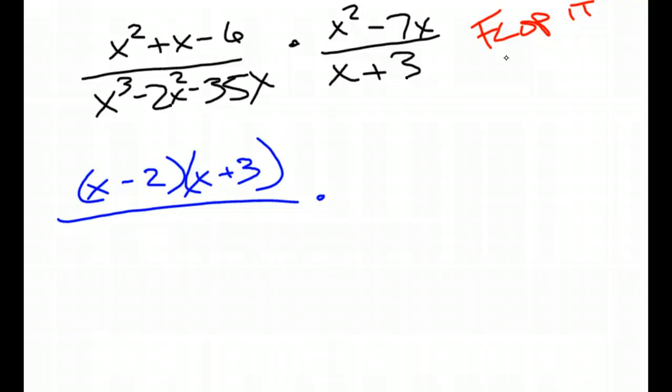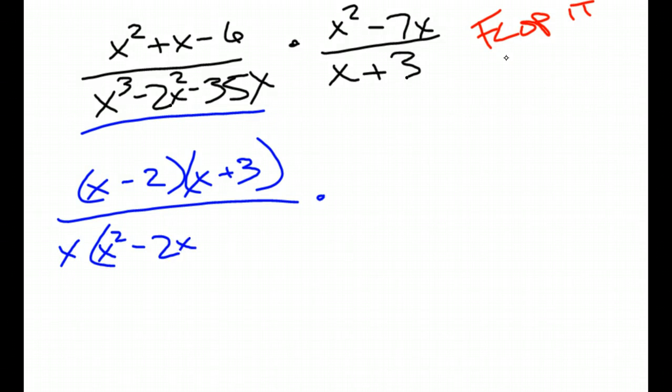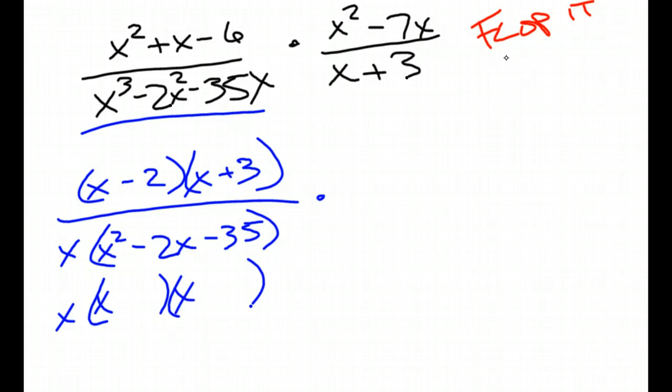Can we factor this? Do you know how to factor x cubed? Okay, easiest thing would be to start out like this, and then factor that down. So we leave that x there, but it can factor into two binomials. x and x.